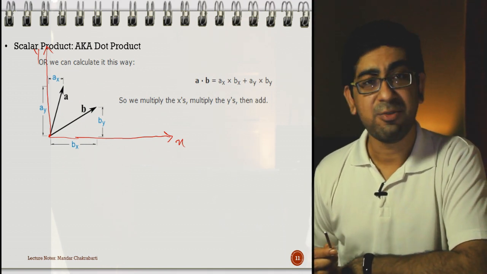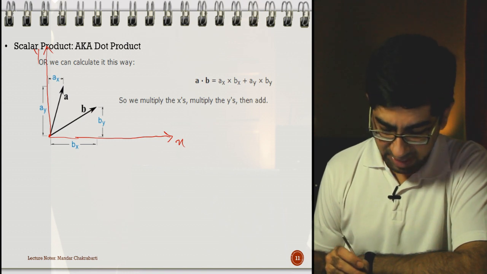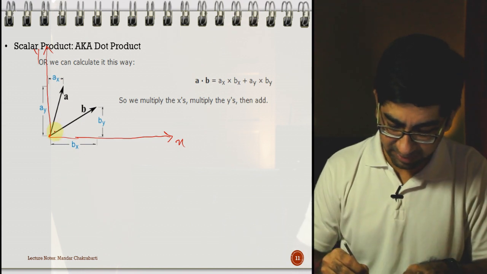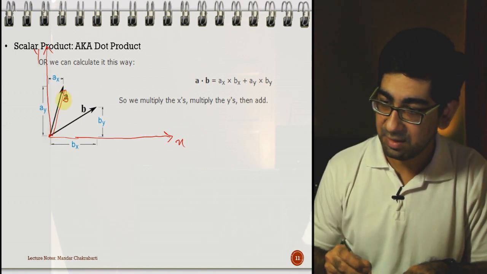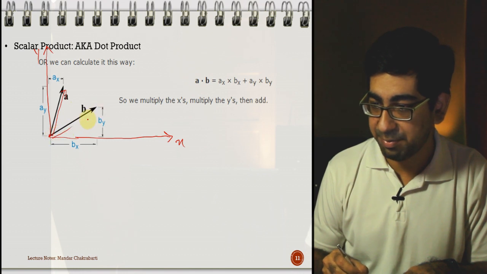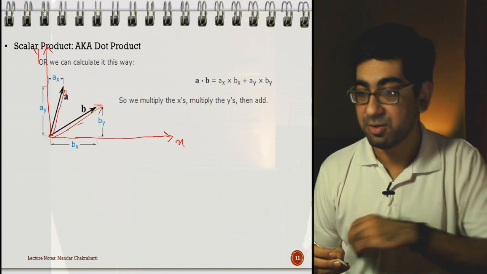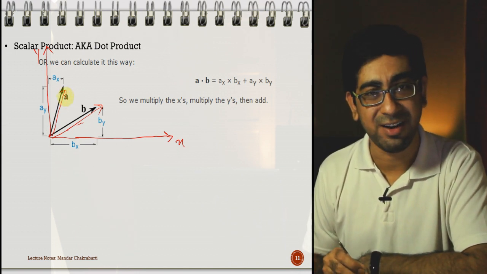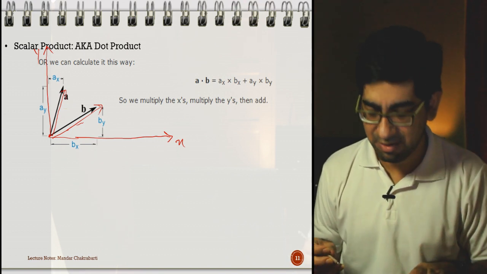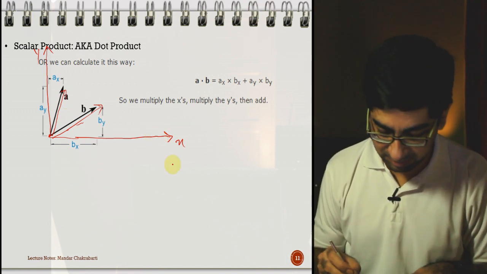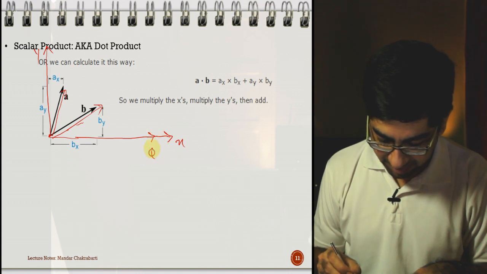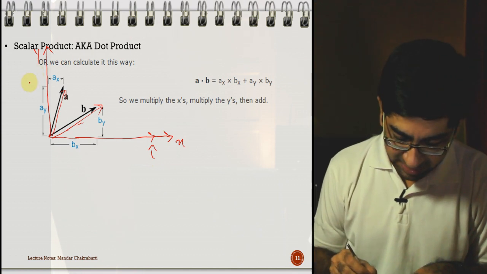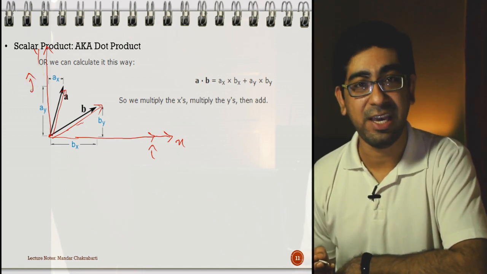The way we approach this is that we break these up into their components. So this is vector A, and this is vector B. Vector A and vector B have a certain magnitude as well as a direction. These directions are represented in their primary axes. In the x-axis, the direction is represented by the i unit vector, and in the y-axis, by the j unit vector.